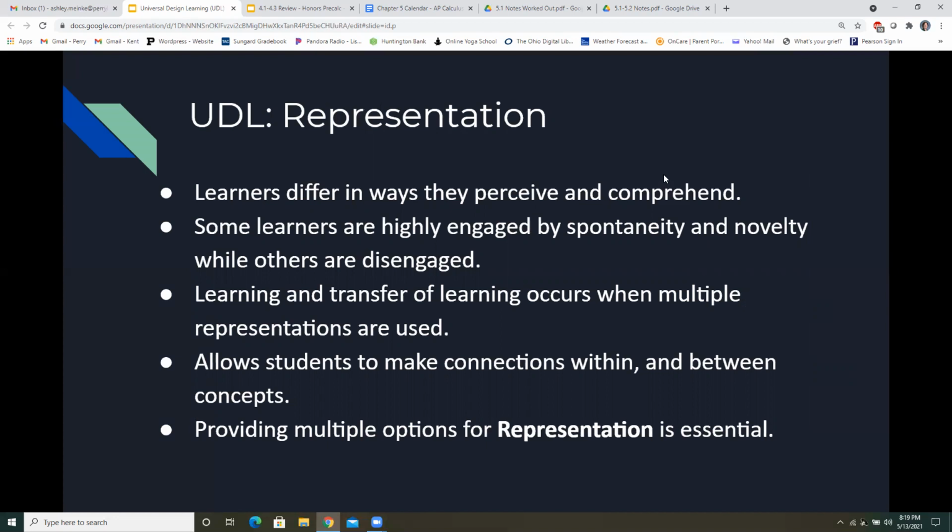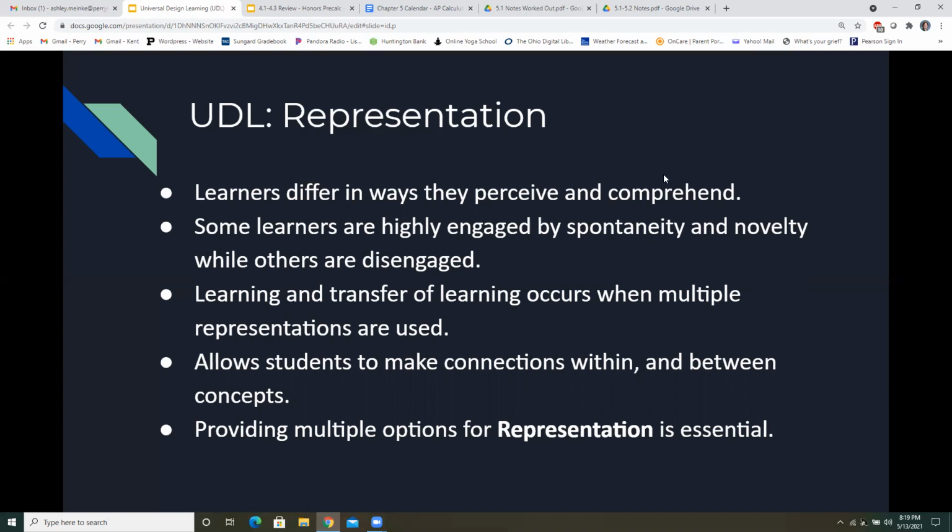Learners differ in the ways they perceive and comprehend. For example, some learners show high engagement, spontaneity and novelty, while others can remain disengaged.